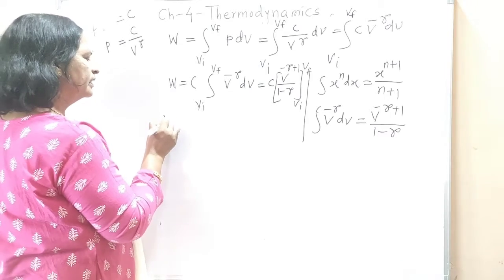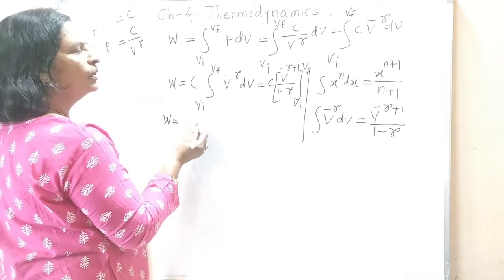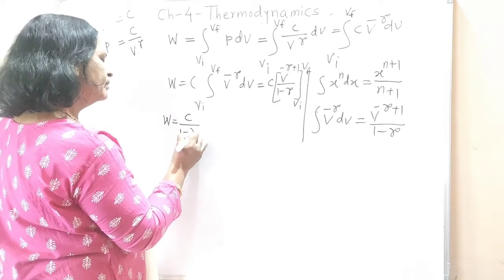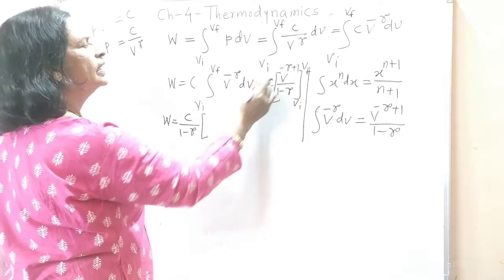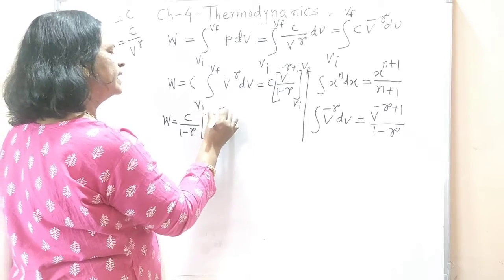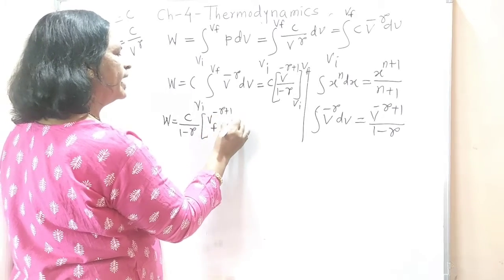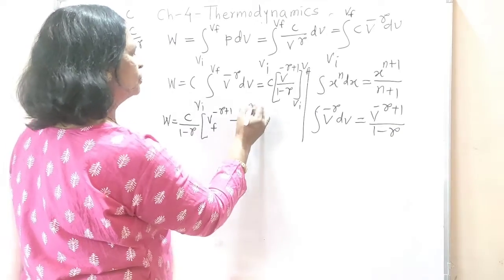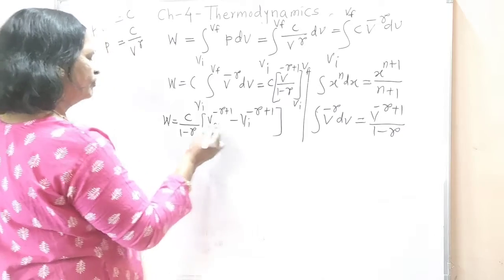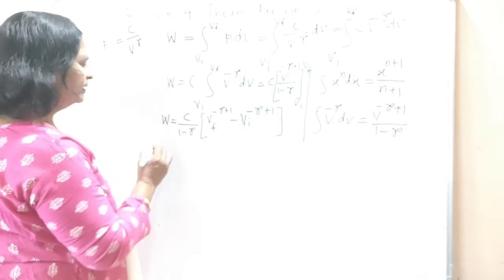Then work done is equal to C divided by 1 minus gamma, then Vf raised to minus gamma plus 1 minus Vi raised to minus gamma plus 1. Okay. We can write this step in this manner.